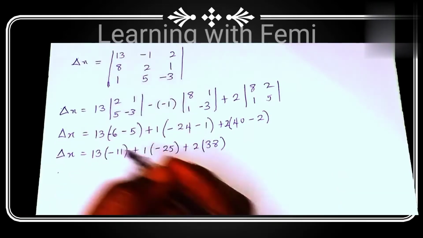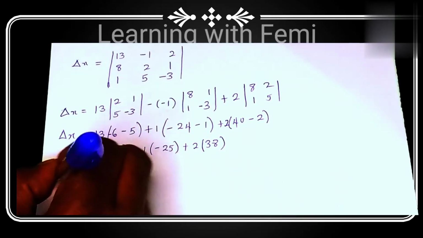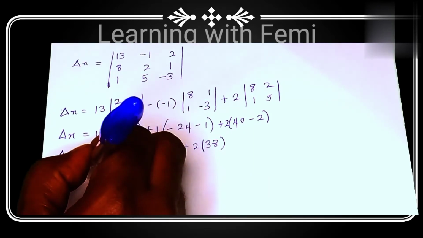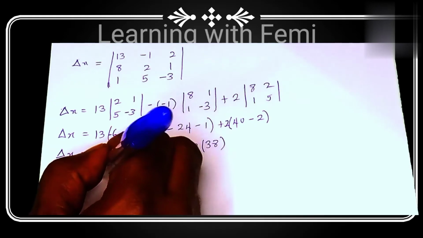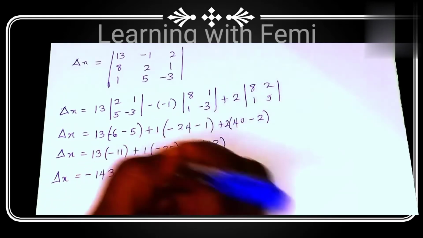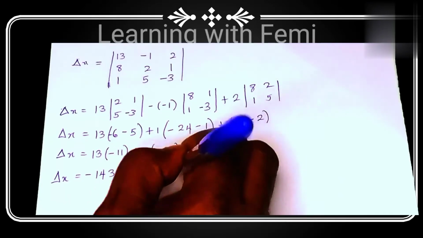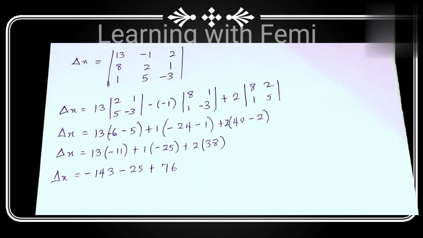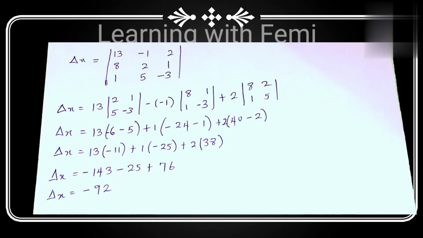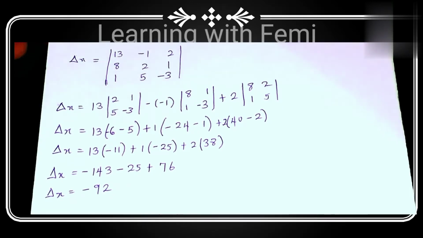Now, after that, we have delta x equals minus 143 minus 25 plus 76 minus 143 minus 25 plus 76 minus 92. Change in x now is minus 92.